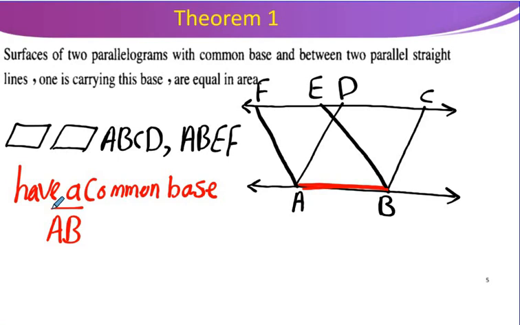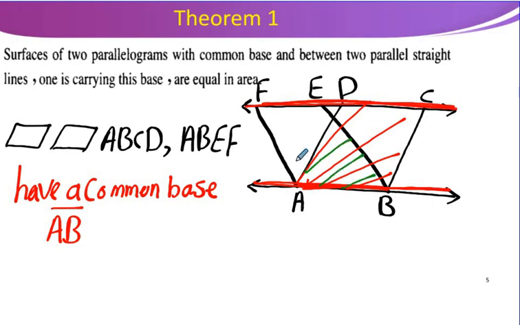AB is a common base for the two parallelograms, and the two parallelograms are drawn between two parallel straight lines, right? So the area of the parallelogram A, B, C, D is equal to the area of the parallelogram A, B, E, F.